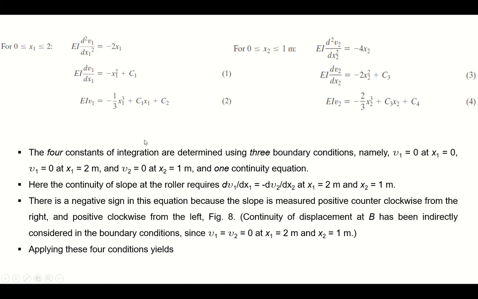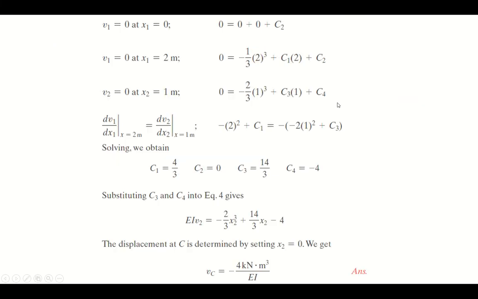So putting this in equation 4, which is about mu2, you will get this equation. Now the unknowns are C3 and C4. So you have a continuity equation, which is the slope of mu1 at x = 2 meter is equal to the slope of mu2 at x = 1 meter.